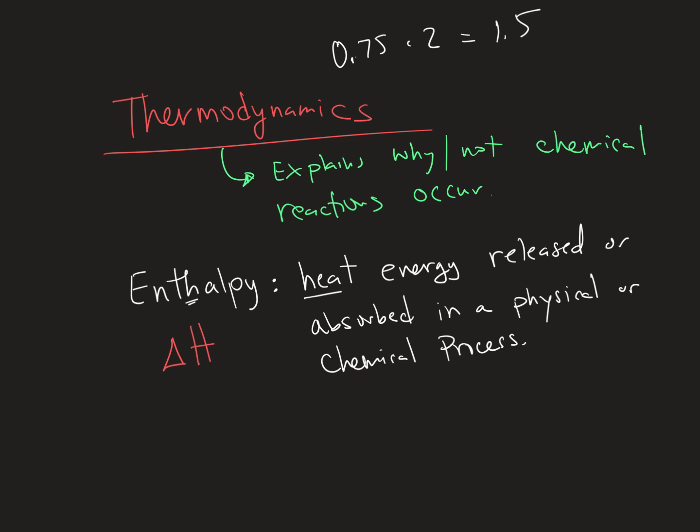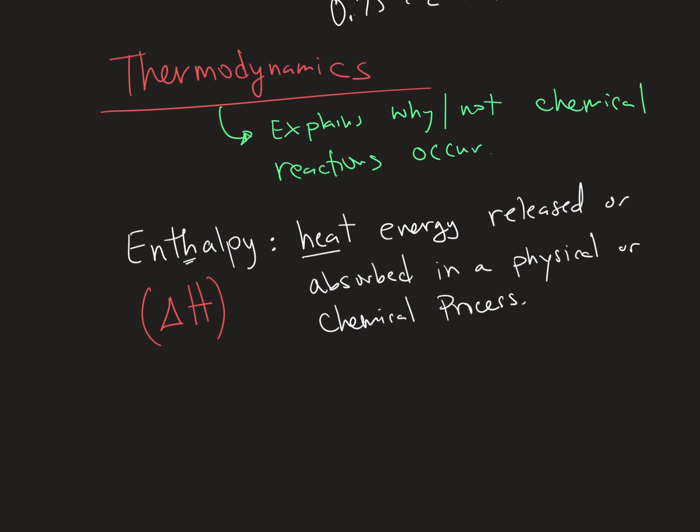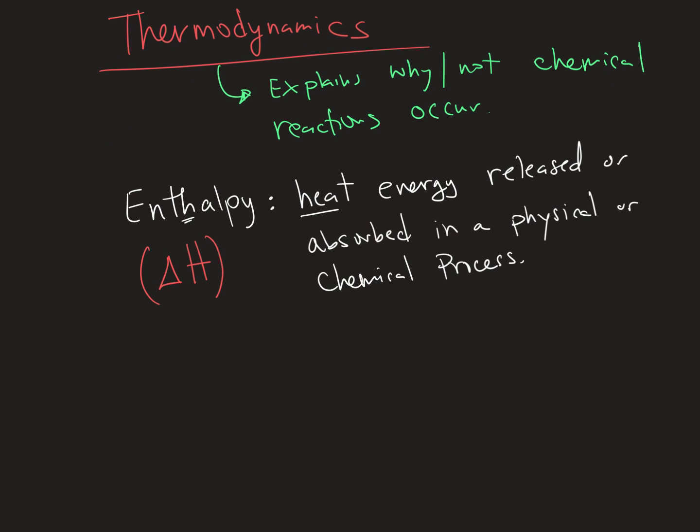You guys all know what the triangle, the delta symbol, means? Change in, right? Because we're releasing or absorbing heat, that means our amount of heat is changing. We're either getting more of it or getting less of it. And so that's what we use for enthalpy, delta H. And there's two versions.